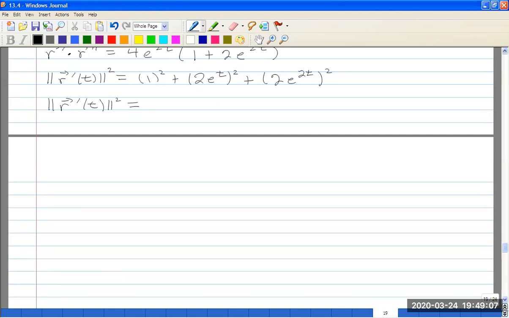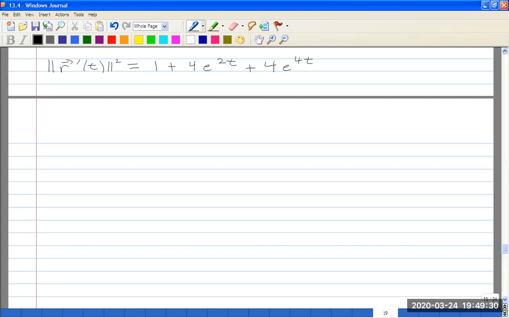So this is equal to one. Oh, but I can actually make this easier. So this is going to be 1 plus 4e^{2t} plus 4e^{4t}. So this is a perfect square.